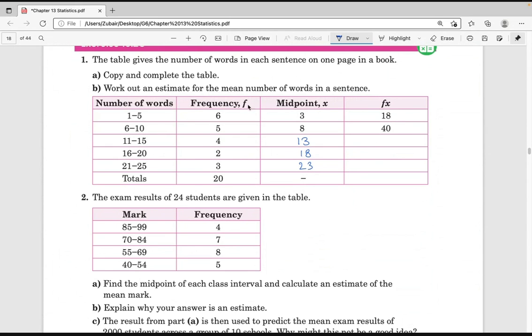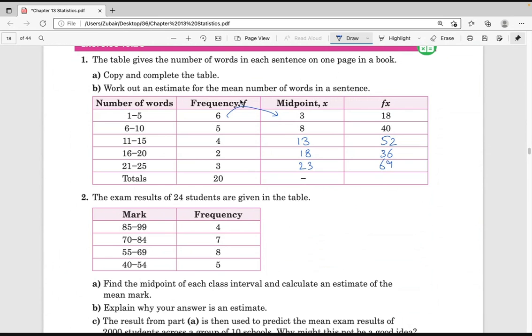Then fx, frequency into middle number. So 13 into 4 is 52. 2 into 18 is 36. 3 into 23 is 69.